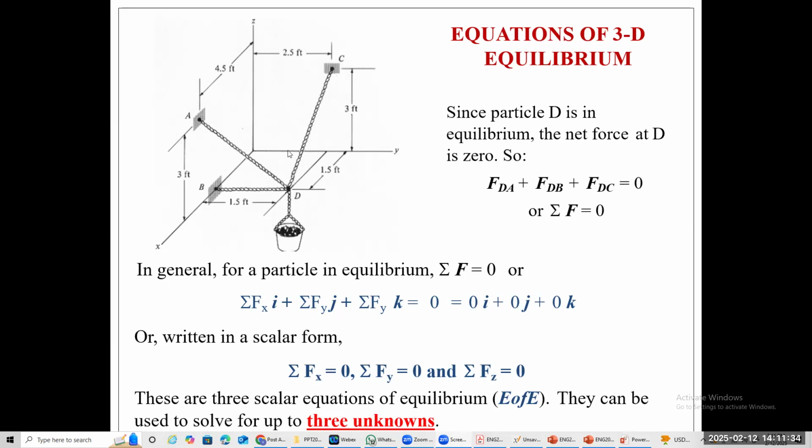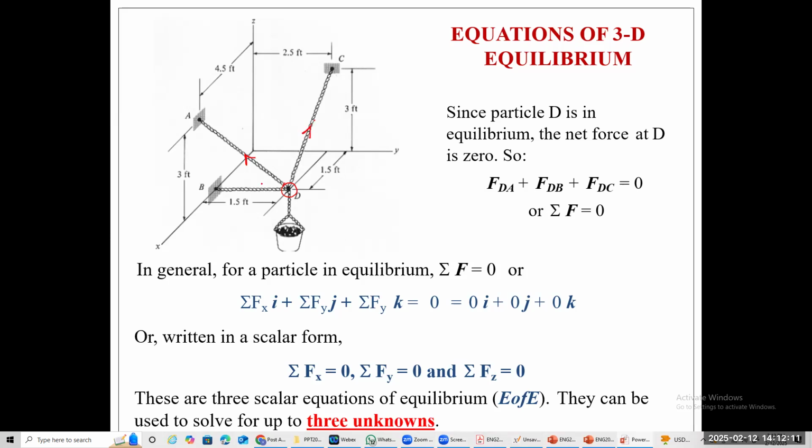Firstly, I wasn't able to get into it too much last night because of the limitation of time, but we're going to do that now. As you look at this problem, it says here, since the particle D is in equilibrium, the net force on D is FDA plus FDE, because we are concentrating on all these ropes.